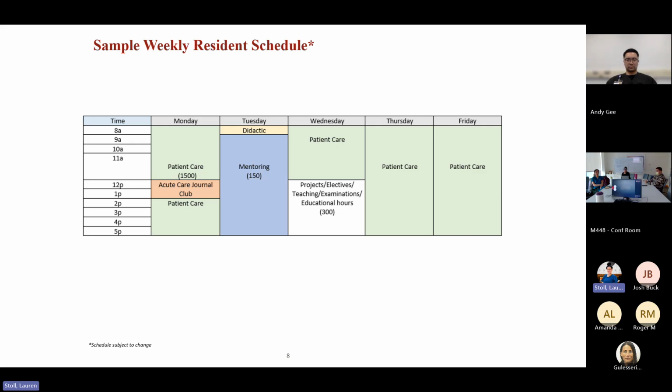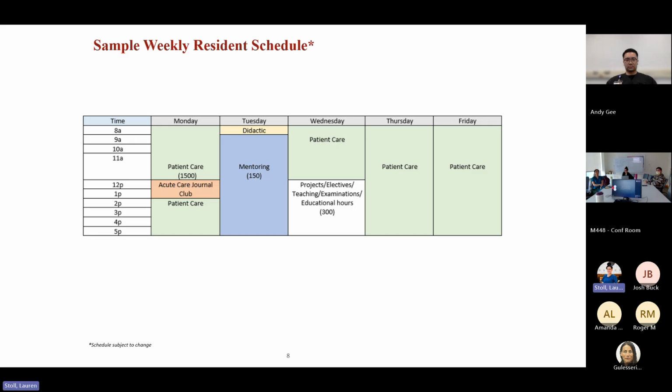So we do give you some time off the floor to be able to focus on that and work on that, in addition to also having time to be able to study for your exams. Okay, so that's a week. Again, not every week looks the same, but we try to keep, at least within the clinical rotation, some kind of pattern that is really easy to follow.